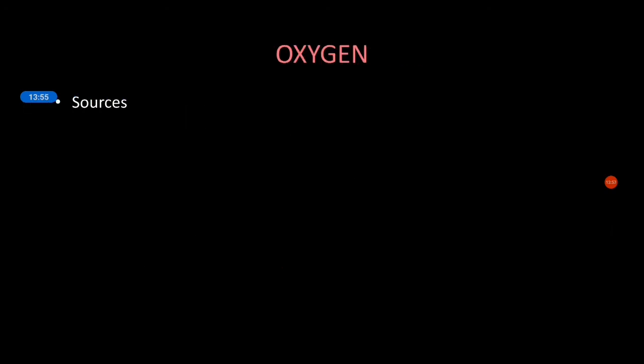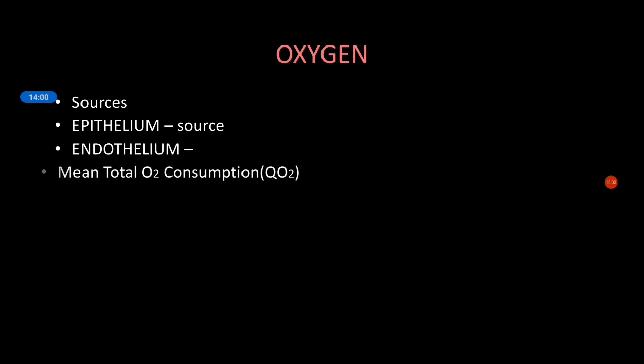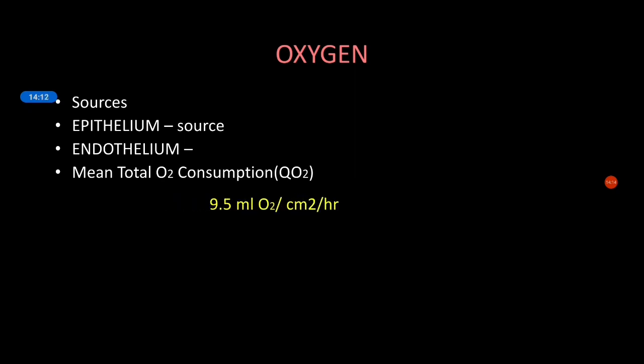The oxygen with regard to the epithelium is from the air. For the endothelium, it is derived from the aqueous. The mean total oxygen consumption is around 9.5 and the minimal oxygen tension is around 11 to 19.